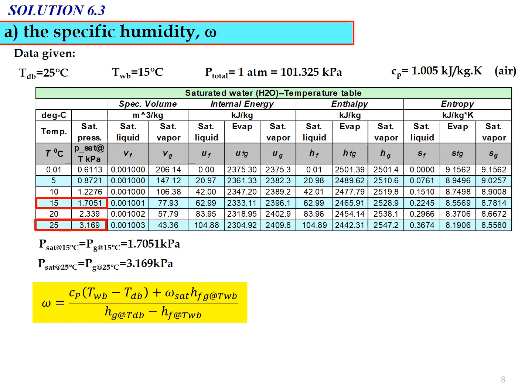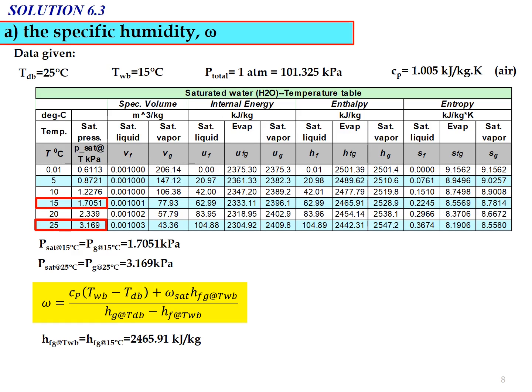Based on the equation for the specific humidity, omega equals Cp multiplied by TWB minus TDB, plus omega saturated multiplied by Hfg at TWB, divided by Hg at TDB minus Hf at TWB.